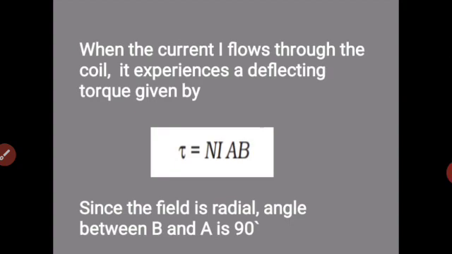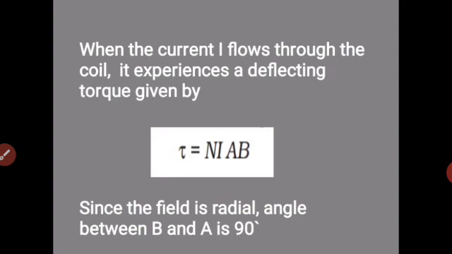Now when we look at the theory, it says when the current I flows through the coil, it experiences a deflecting torque given by torque equals NIAB. We know the formula of torque is NIAB sine theta. So what has happened to theta? Theta is the angle between B and A, that is the magnetic field and area vector of the coil.